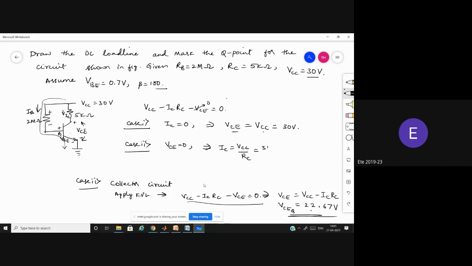So VCC is 30 and RC is 5 kilo ohm. So it is 6 milliamps. Okay. Now, once you are done with this, this is your DC load line voltage. This is the DC load line current which we are having.